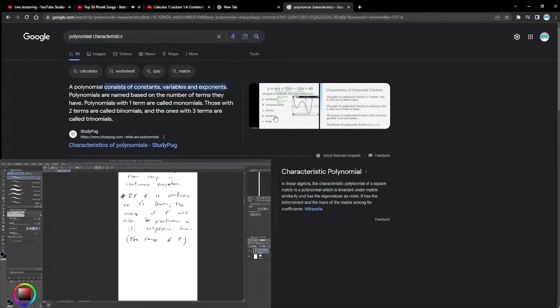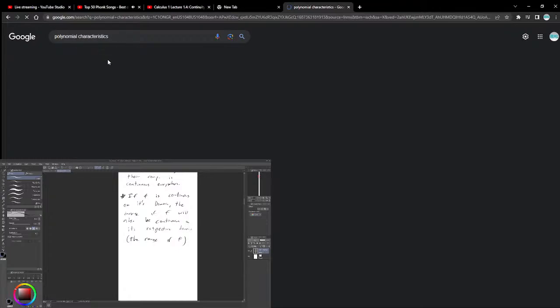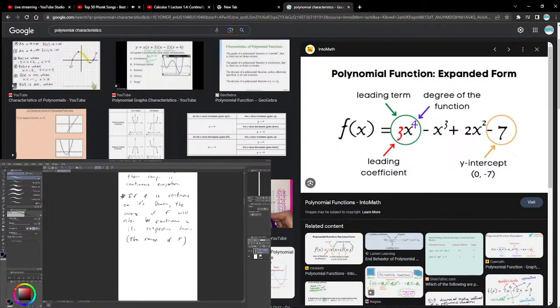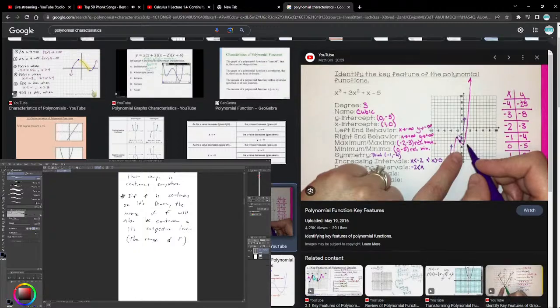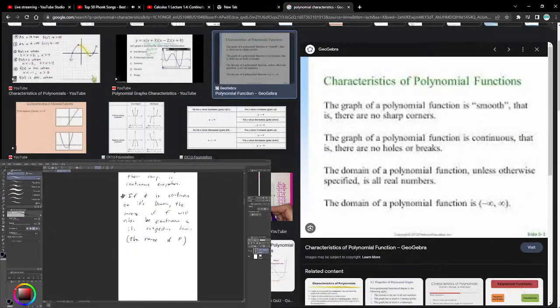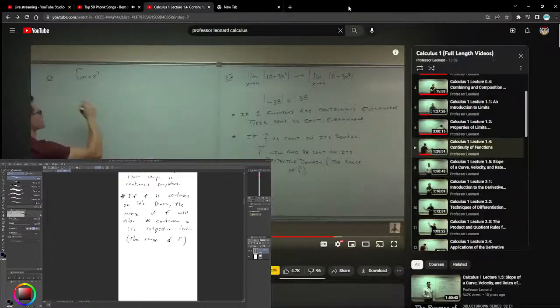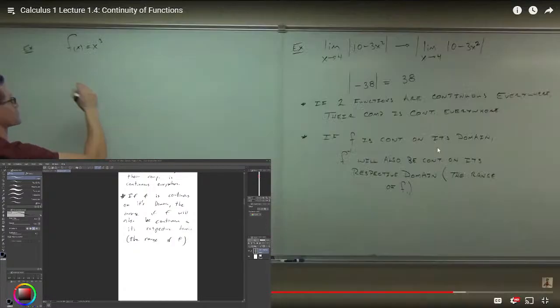Constants, variables, exponents. So it's a polynomial. It's continuous on negative infinity to infinity.